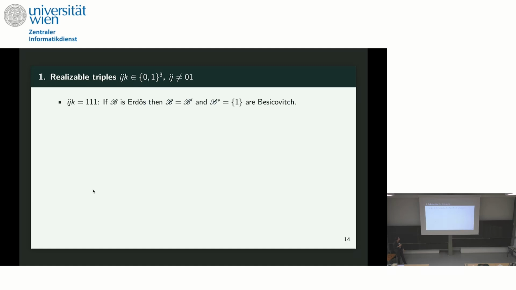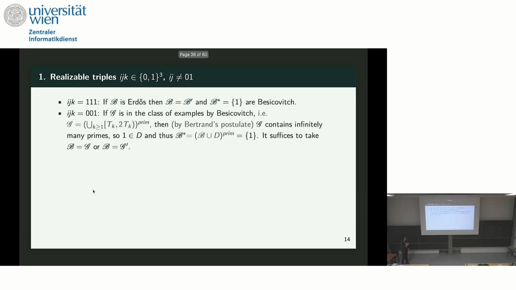So B is equal to B prime, and B star is just a singleton containing the element 1. Why? Well, B is infinite and pairwise coprime, so it contains itself rescaled by 1. 1 is in the set of scales, and that's how we get this. So that was easy.